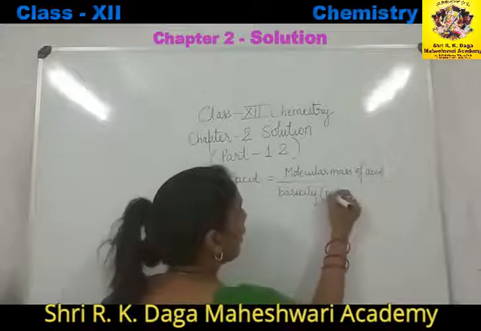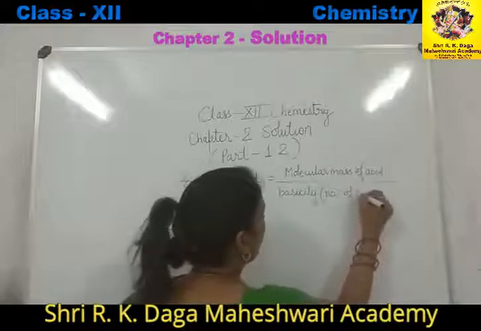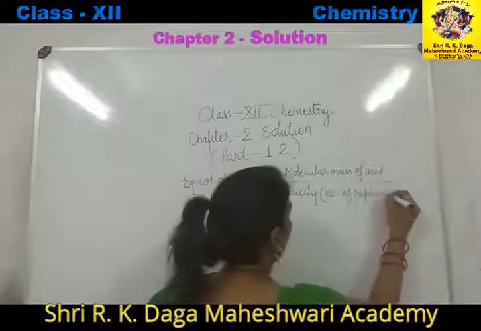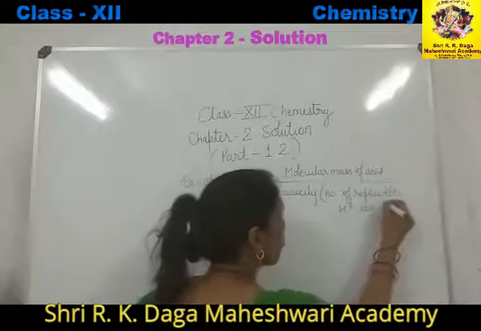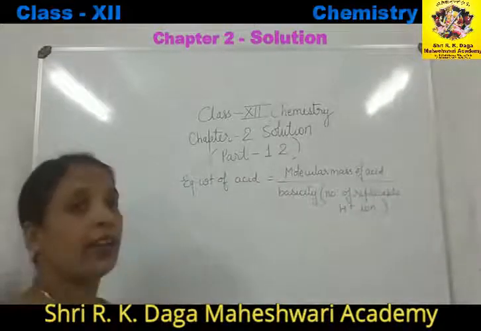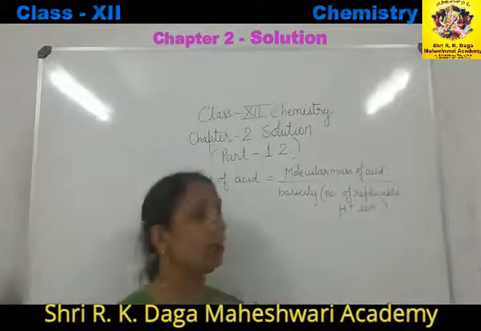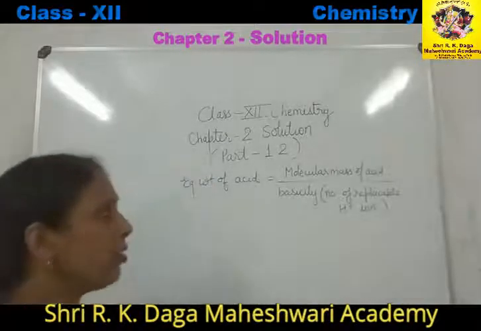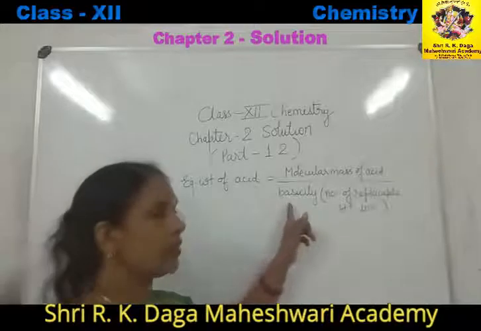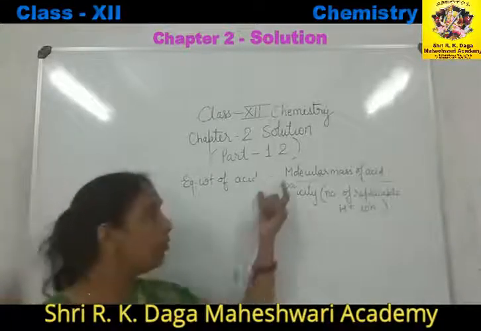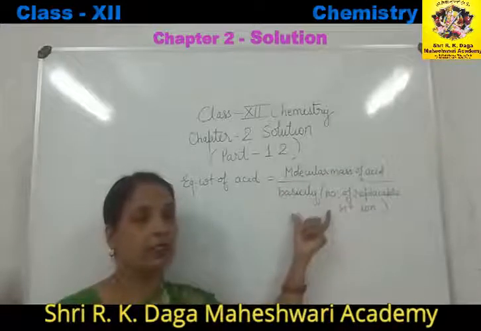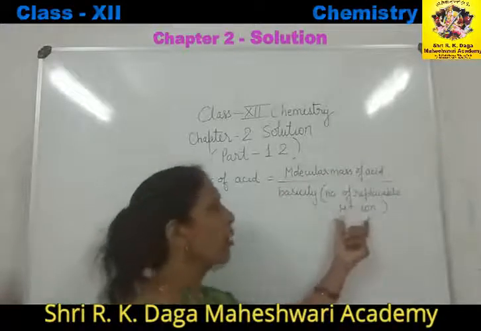Basicity means the number of replaceable H positive ions. How many H positive ions can an acid replace in aqueous solution? That is called basicity. So divide the molecular mass of the acid by the basicity, the number of replaceable H positive ions.